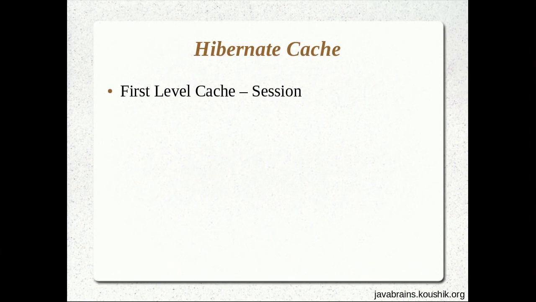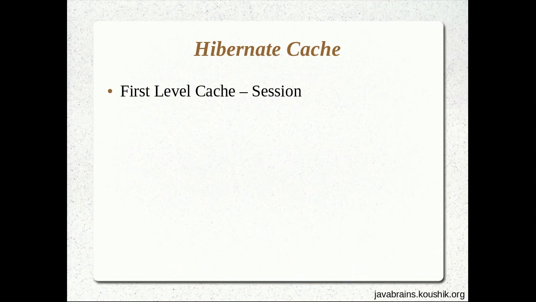But then there is a second level of cache that we can implement as well. So why do we need the second level of cache? The second level of cache is needed because a session is not something that you would hold for a long period of time. As we've seen earlier, a session factory is something that's there for the entire life of the application, but a session is something that you want to open when you need to talk to the database and then close it as soon as you're done.